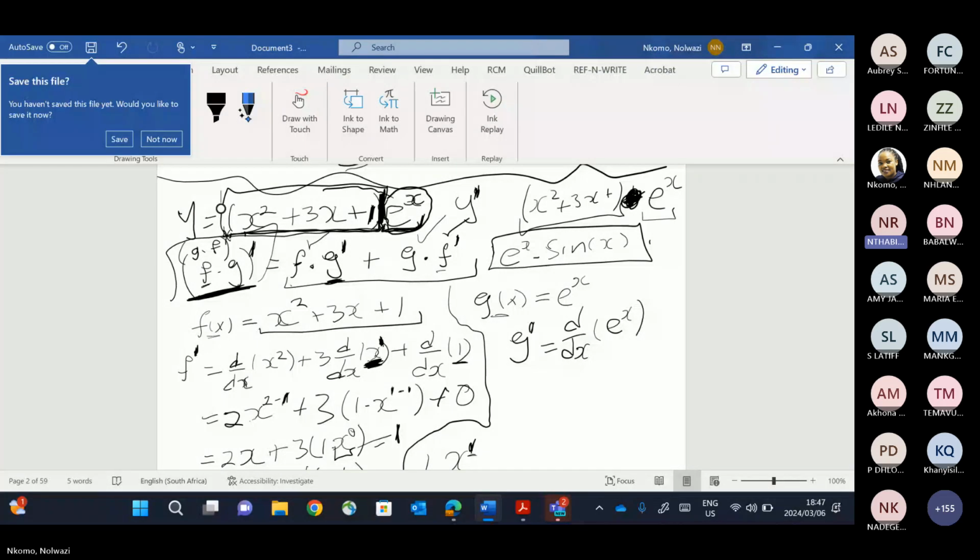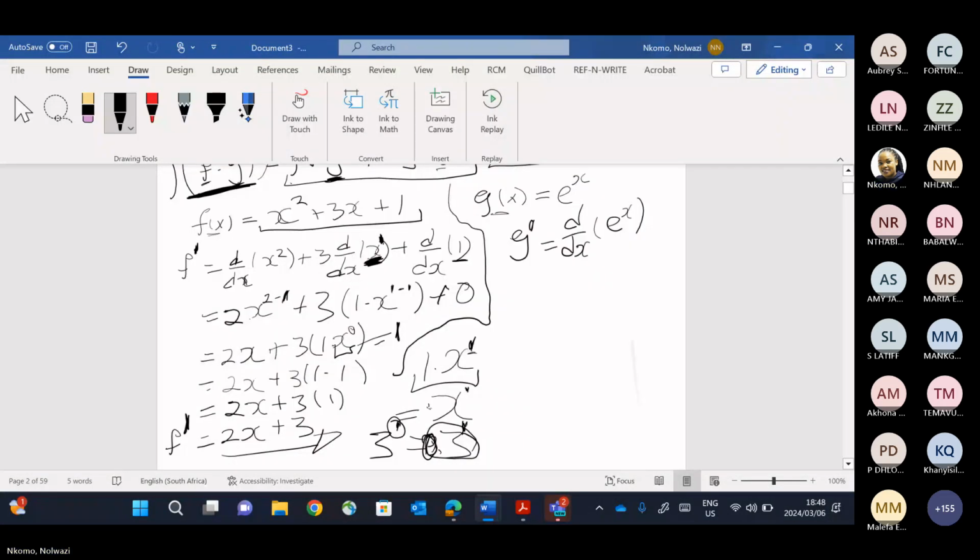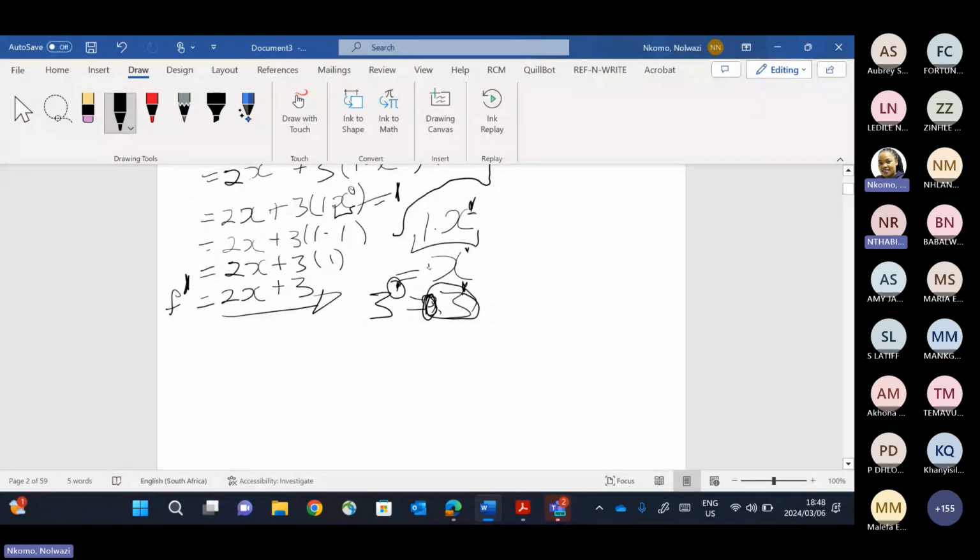So if I had used that rule whereby x to exponent 1 equals 0, then I would have been wrong. Which rule? X to the power 1 equals 0? How so?